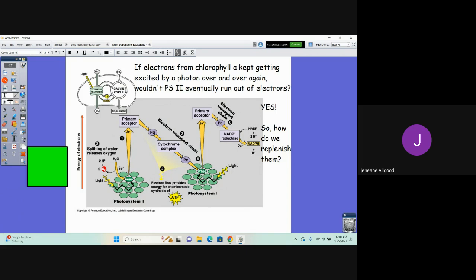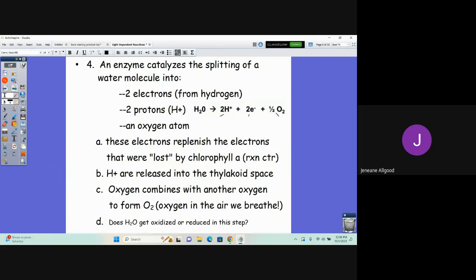It's usually written as 1/2 O2 because oxygen's diatomic, which means you don't usually find just single oxygen atoms floating around in the atmosphere. So if you see 1/2 O2, it just means that that oxygen is going to be waiting for the next oxygen to be produced, and they'll combine to form molecular oxygen. But notice when it says 2e minus, that's for the electrons. They're going to go one place. The protons from hydrogen are going to go somewhere else. And so it's very important that you understand where those things go. So we're going to look at that on the next slide.